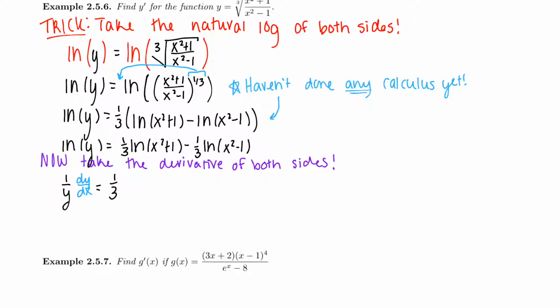On the other side, with ln's, remember the way that the derivative of ln works? If you're taking the derivative of ln of stuff, it becomes the derivative of the stuff, so the derivative of the inside, over the inside.